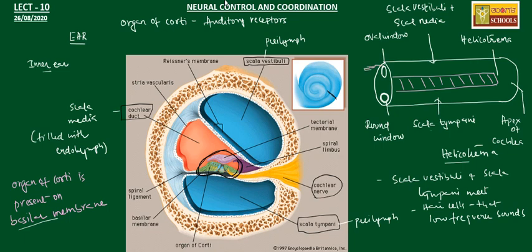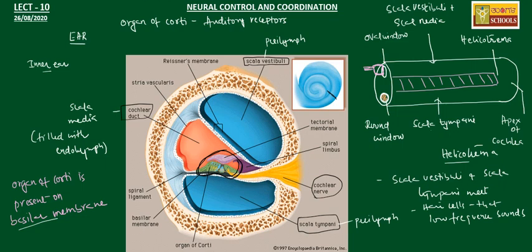You can see the stapes is connected at the oval window. The round window is covered by a thin membrane, so nothing is connected to it and it is movable, so the waves will come out through the round window.